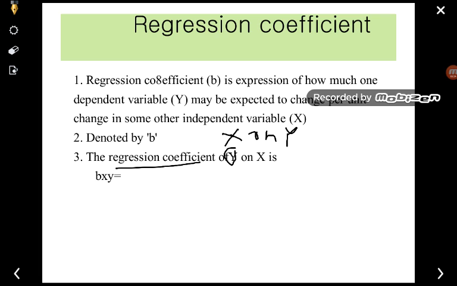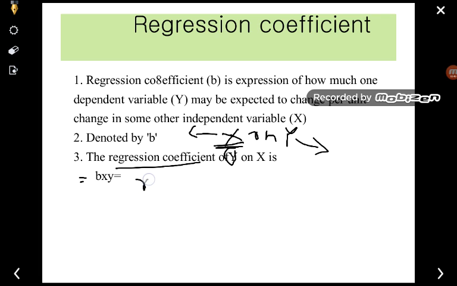By means of the same formula, that is bxy is equal to, here we have to find out the regression coefficient of x on y. So we have to put the x on the numerator. What we have to estimate is x. We have to take this term on the numerator and this term on the denominator.